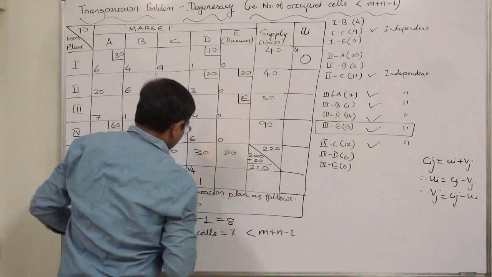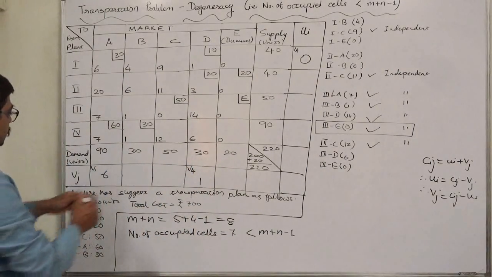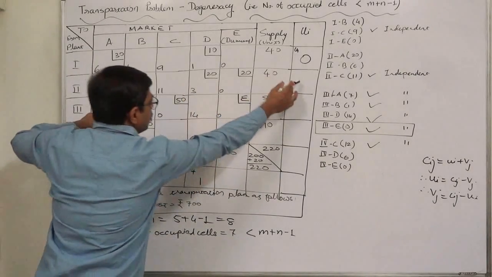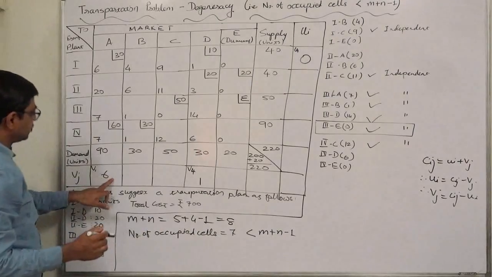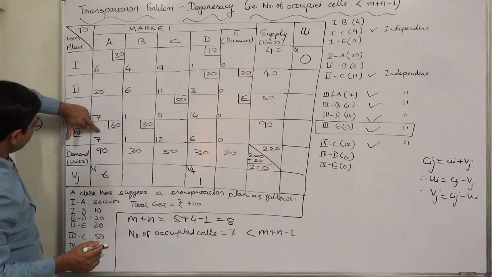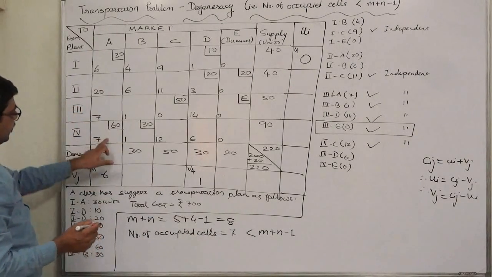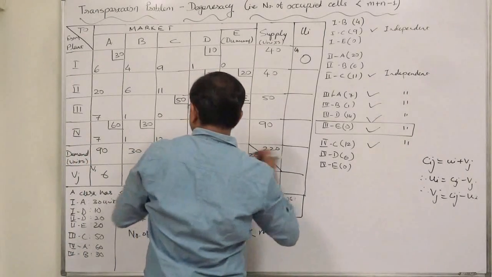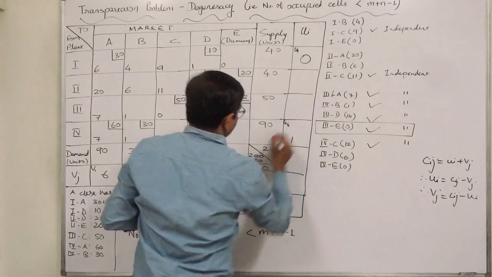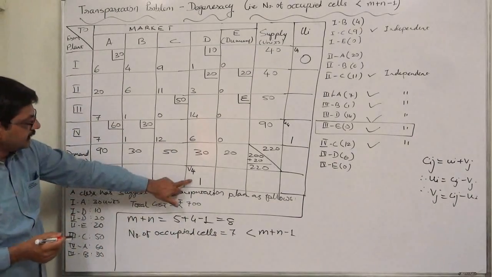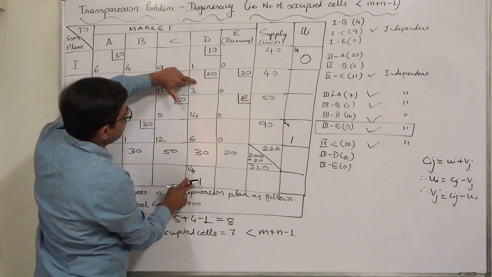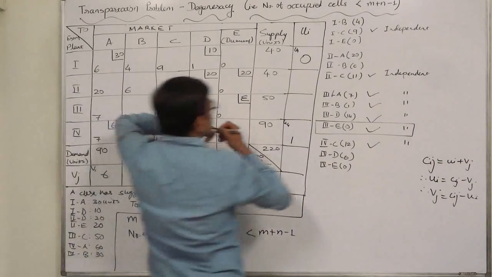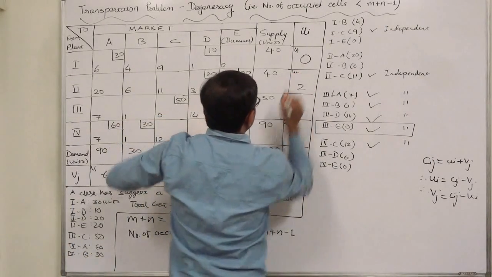Now on the basis of these two and the relevant occupied cells, we can have two more Ui values. 6 and this occupied cell, 4a. C minus V, 7 minus 6, that will be U1. This is U4. And similarly, on the basis of these two, we can have U2. C3 minus V1, so U comes to 2, that is U2.